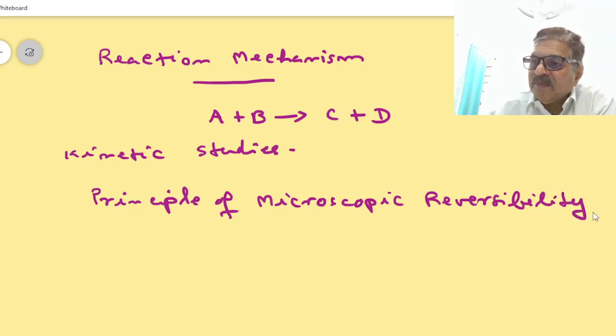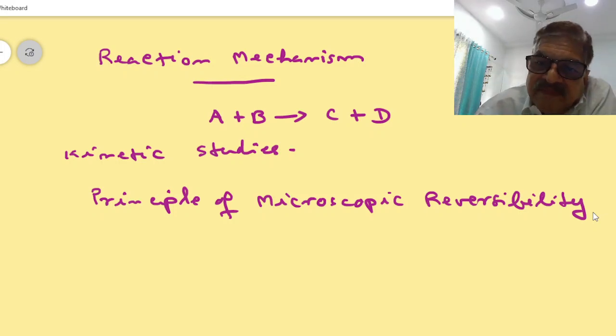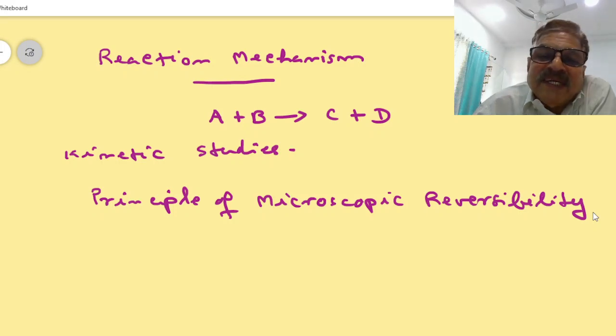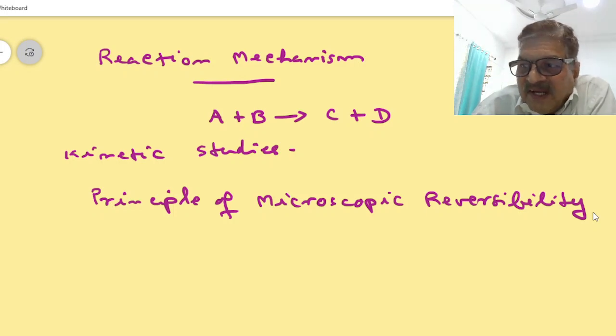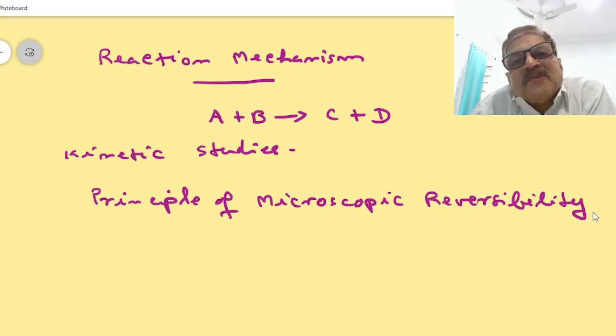What is meant by the principle of microscopic reversibility? According to this principle, the mechanism of any reaction under a given set of conditions is identical in microscopic details to that of the reverse reaction under the same conditions, except that the reaction proceeds in the opposite way.